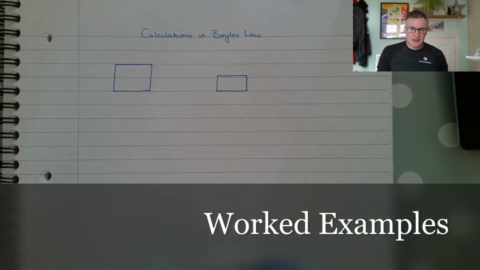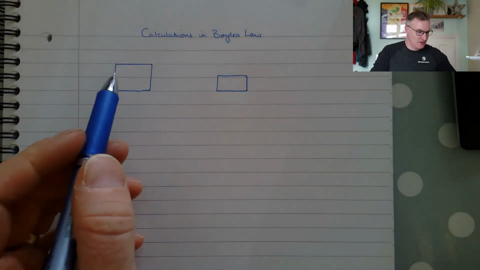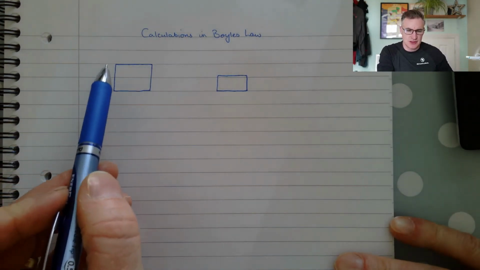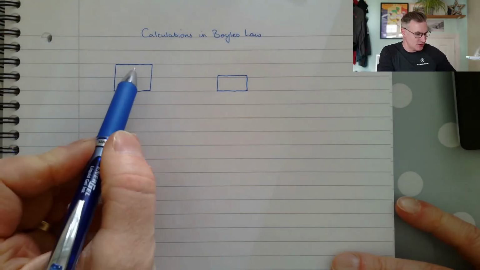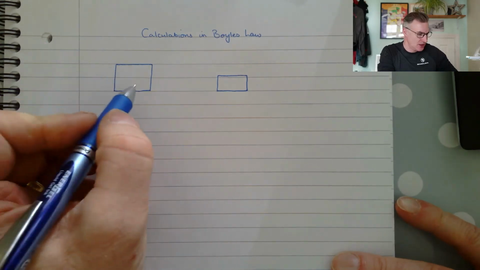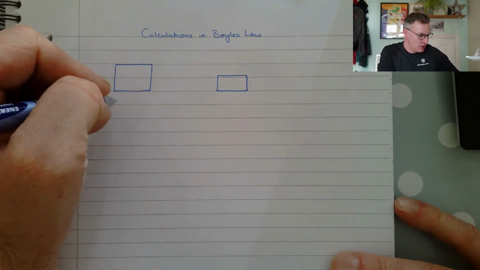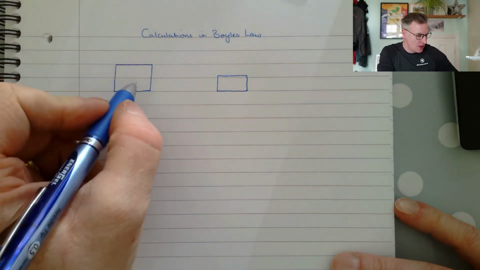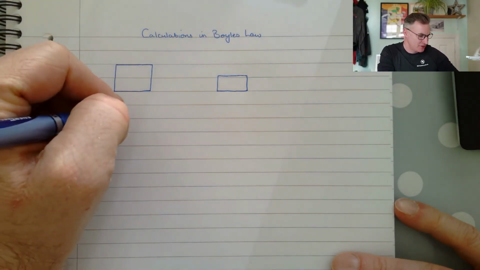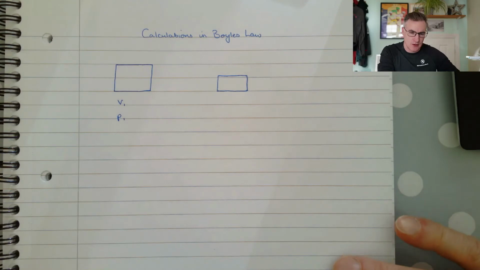So for calculations involving Boyle's law, what we'll typically have is two scenarios. In Boyle's law's case, we'll start off with a container that has a certain volume, and we can call this volume 1, and we will be given a pressure of gas in there, so we can call that P1.